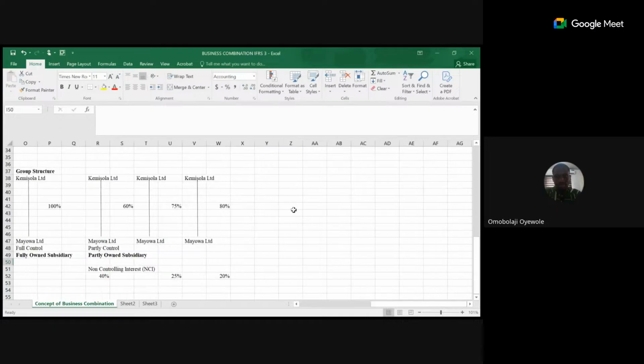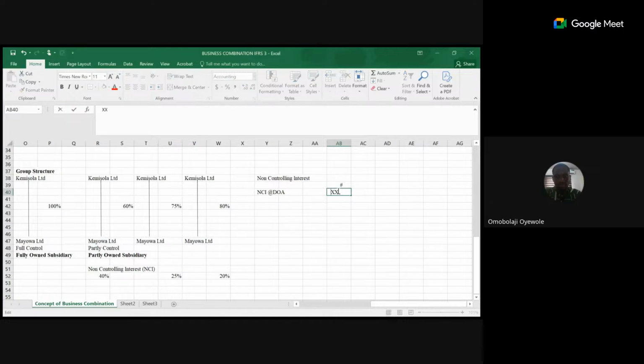Now, let me come to this side. How do I calculate for NCI, non-controlling interest? NCI can be calculated by saying NCI at DOA. What's DOA? DOA means date of acquisition.